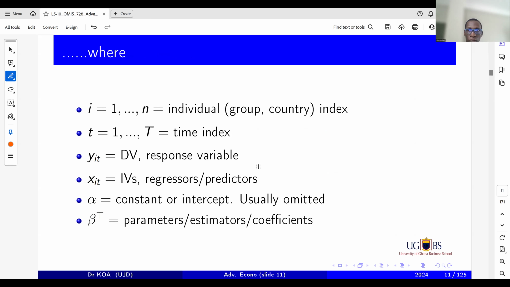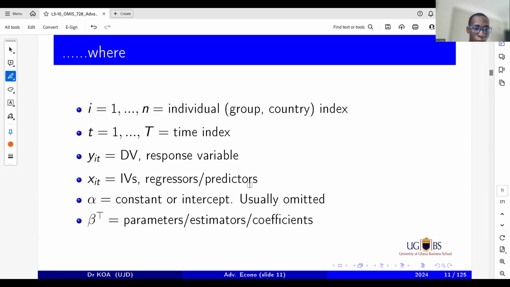I want you to know that the term parameter or estimator is different from estimates and coefficients. What's the difference? I think the parameters are the variables or the predictors, and the estimates are the beta values.